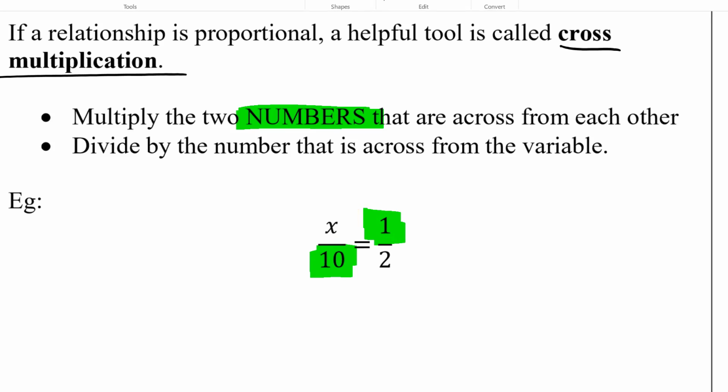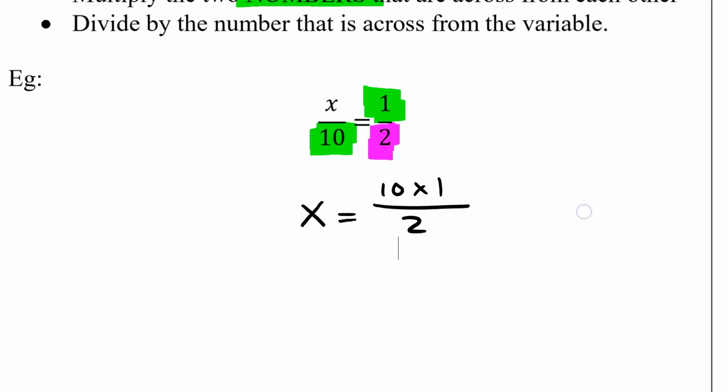Multiply those 2 numbers together and then divide by the number that is across from the variable, which is 2. So let me just write the steps down here. I say x equals 10 times 1 divided by 2. So then x equals 5.